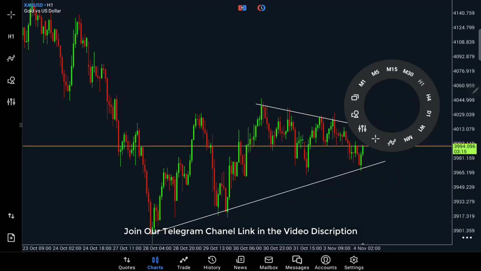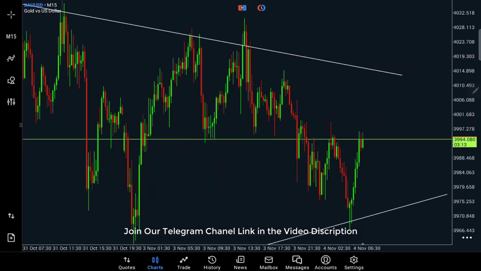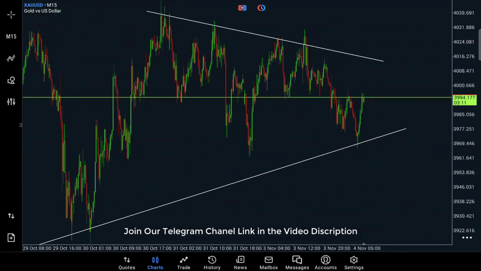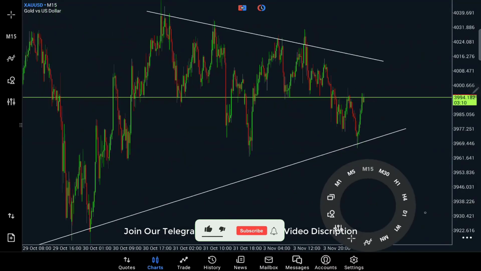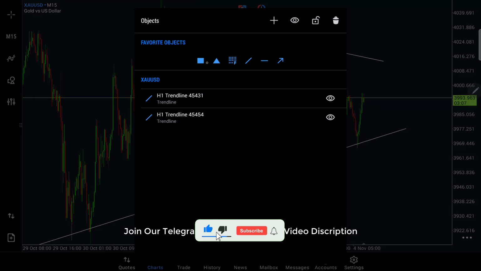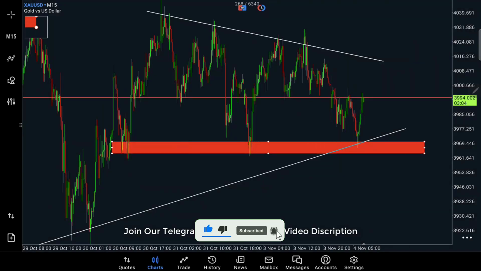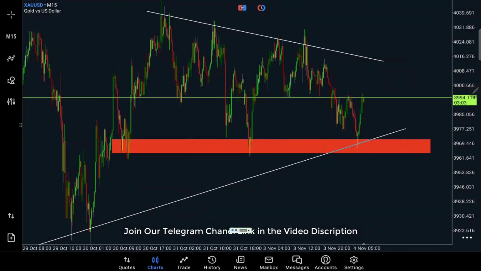Okay, so let's get back to the M15 time frame. As you can see, on the M15 time frame there is a lot to see and a lot to draw. These are particular support areas, and there is our resistance trend line, which can be a little bit upper. Keep it there for now.